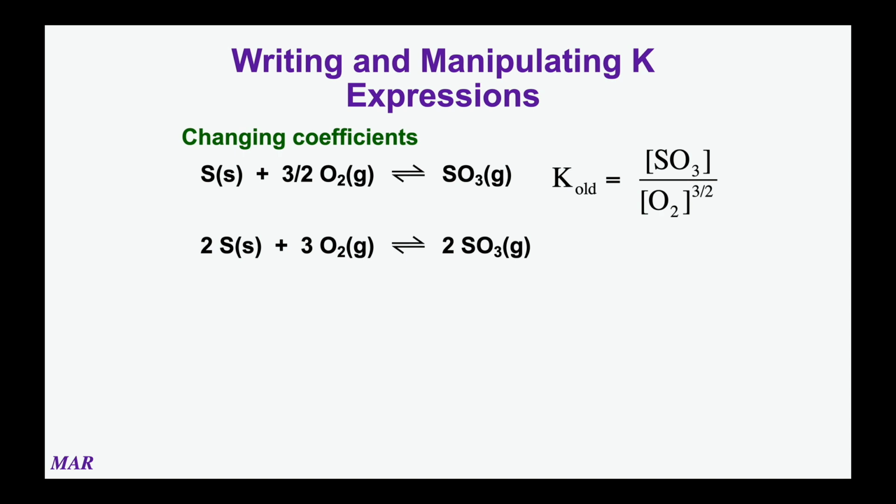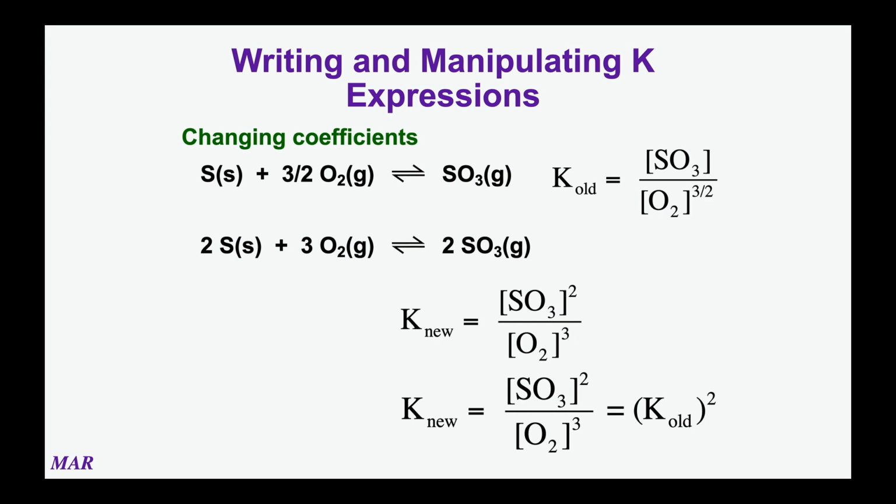The new K, though, as you can probably imagine, is going to have a different form. So notice that the new K is going to be SO3 squared divided by O2 to the 3rd power. Well, if you take the old K, this thing up here, and you square the whole thing, notice how this is the same idea. It's like the old K squared.